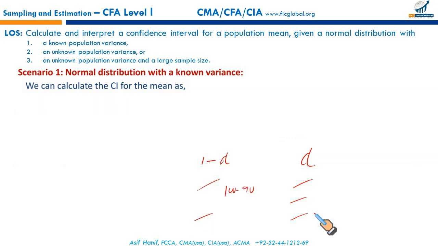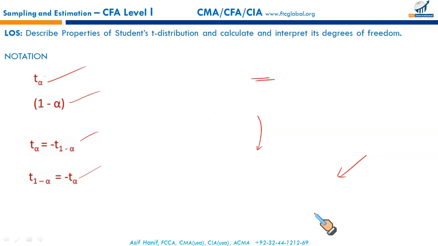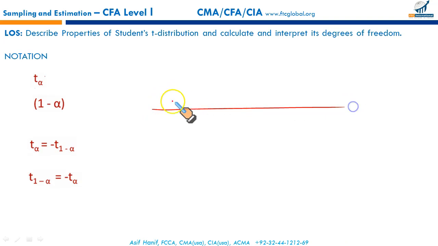This is similarly what we have applied in our normal distribution. That's same applicable in case of T distribution. So we are looking for T alpha, just like in our normal distribution. The critical values in a two-tailed test, you will study in your hypothesis testing in the next reading.